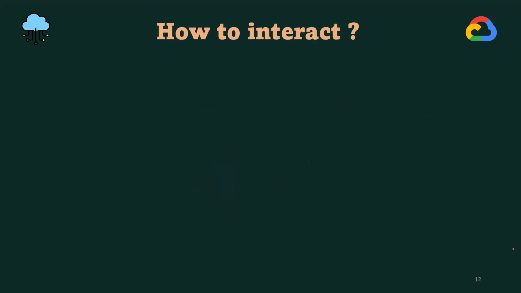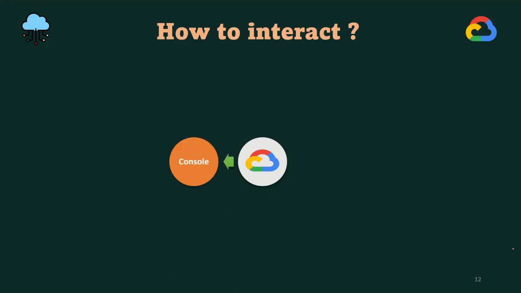Google Cloud Platform offers plenty of services. If you want to interact with the GCP services, there are four methods in total. One is the console. The second one is Cloud Shell.